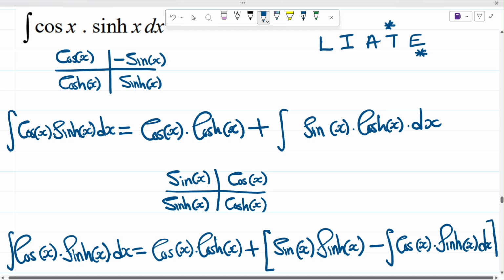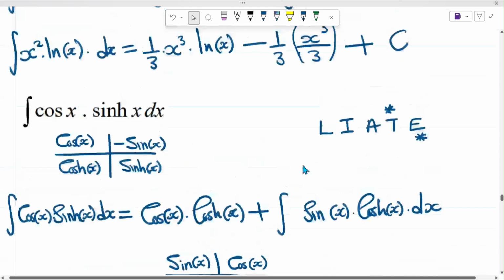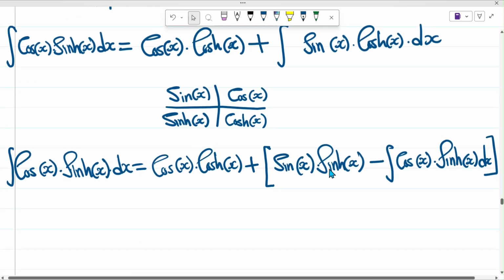Then I close. All right, so here you're going to realize that, okay, on my equation I was integrating the integral of hyperbolic sine of x multiplied by cos of x, which came back here when I'm busy trying to solve it. So meaning that I need to take it to my left hand side.